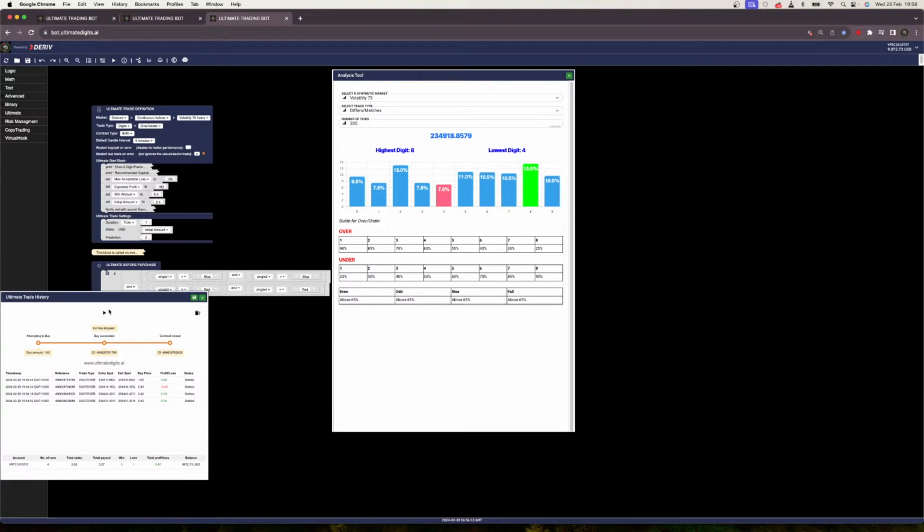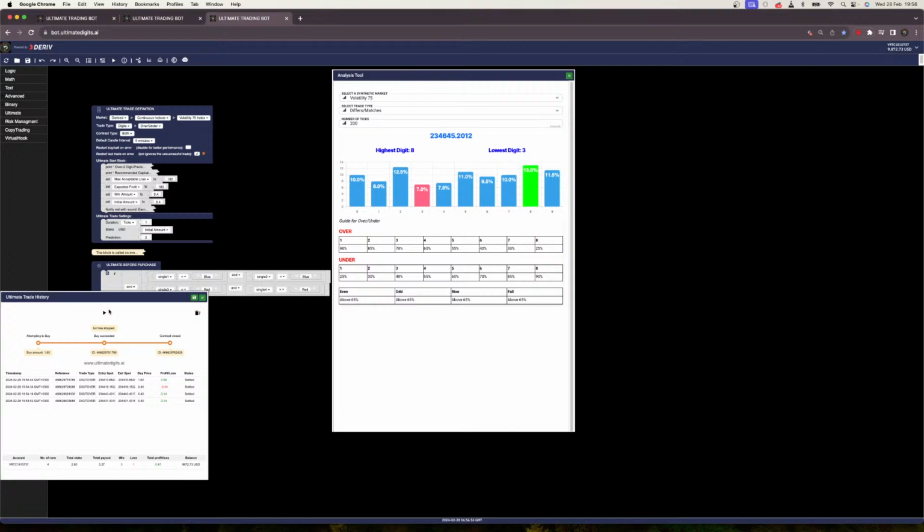So that's how the tick analyzer tool is used to analyze digits. You just have to observe the digit statistic, then determine if you want to trade the digit differ or the digit match. If you are looking to trade digit match, the most frequent digits with the highest probability will be the digit highlighted in green color, like this digit here is 13%.